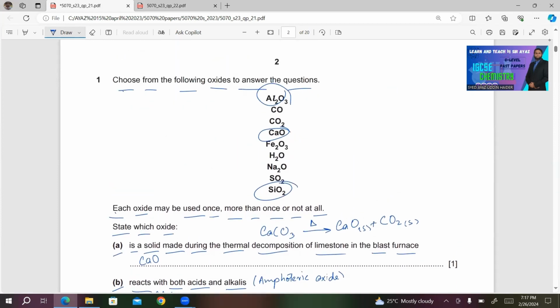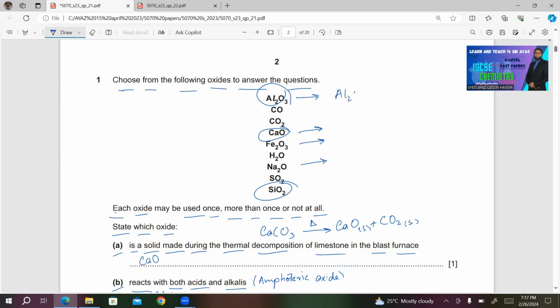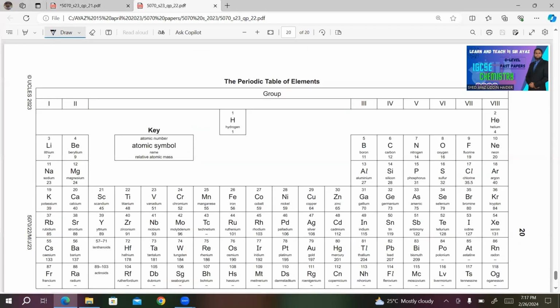So if you look at these, here we have metal oxide 1, metal oxide number 2, metal oxide number 3, metal oxide number 4. I am writing the charges on these. In Al2O3, aluminium belongs to group 3. Here you can see it's aluminium, it's in group 3. So it must carry +3 charge.